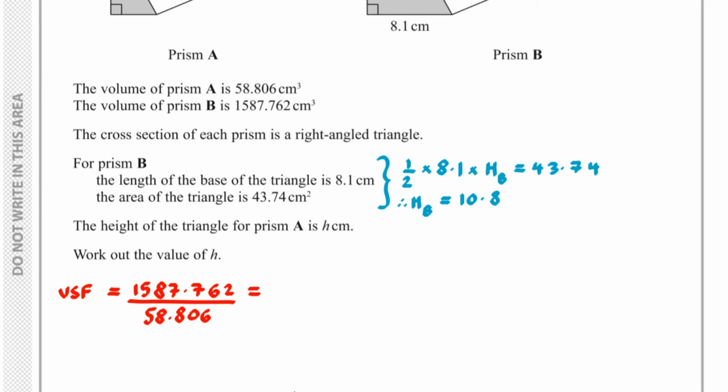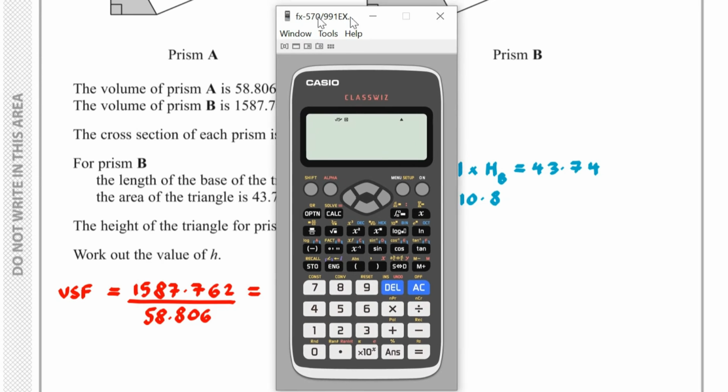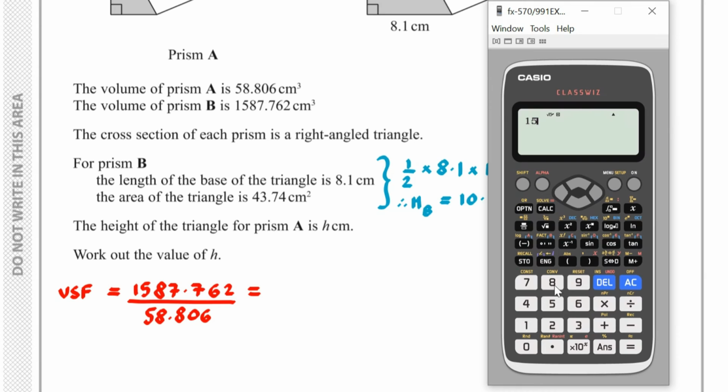And if we work out what this is, we end up with 27. So now we can find out the length scale factor, and we can do this by cube rooting the volume scale factor.